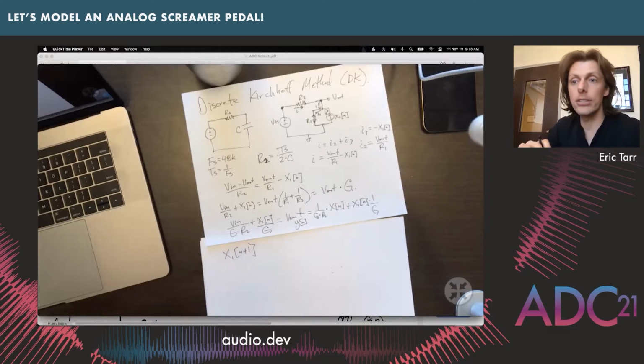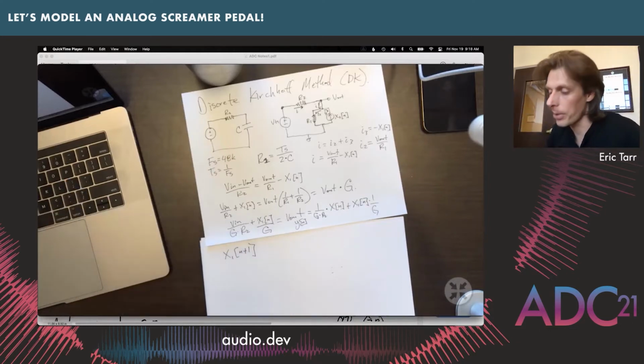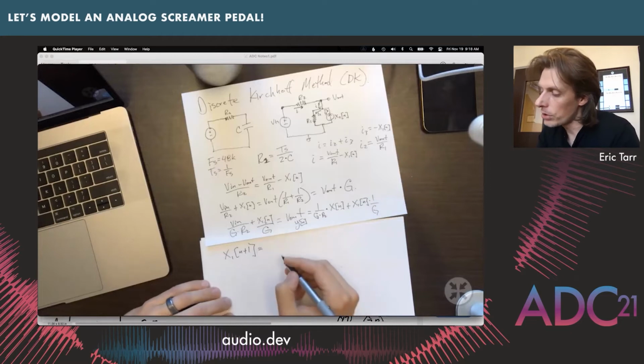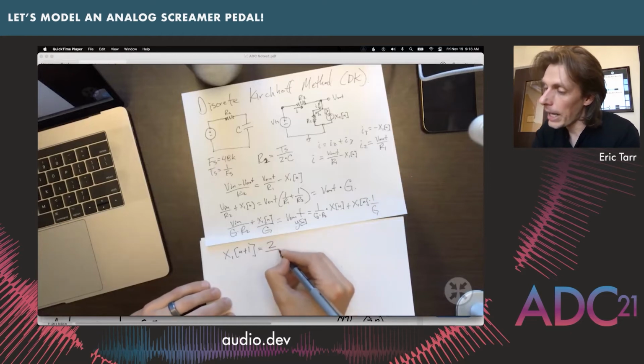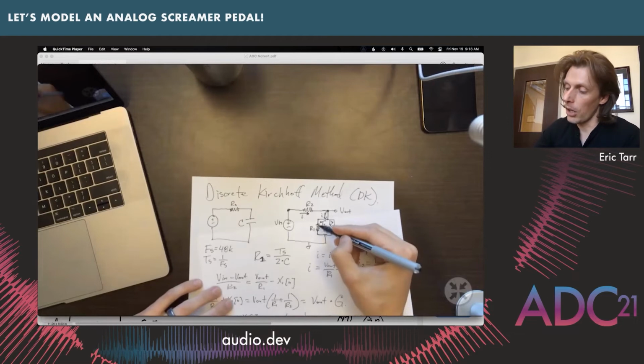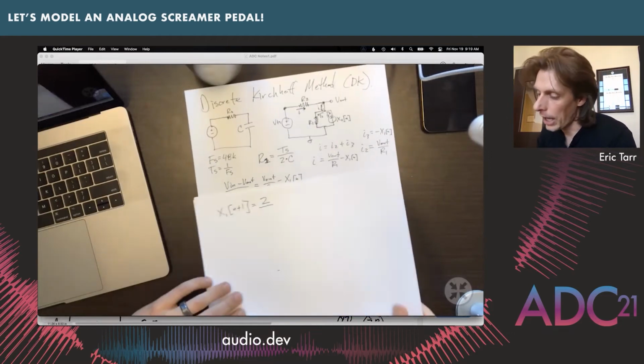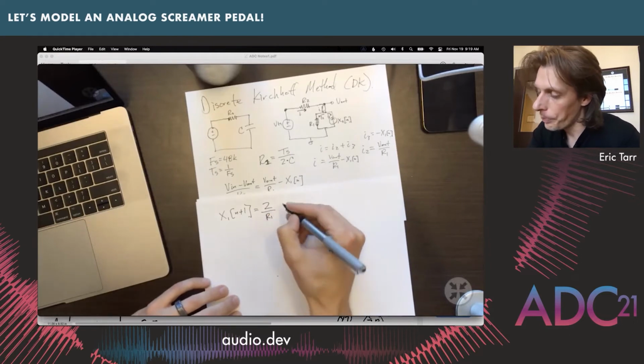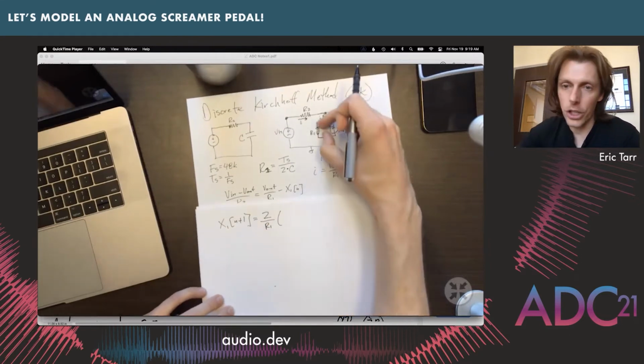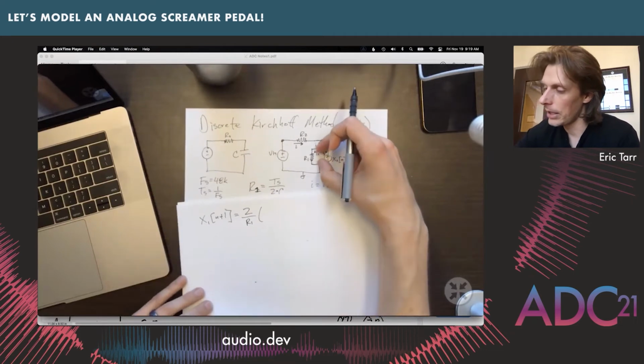So the sample that's going to be used for the next loop of your processing is equal to 2 divided by the resistor that belongs to that capacitor. So you use that one as just a rule for now. 2 divided by R1 times the voltage across the capacitor, like this.